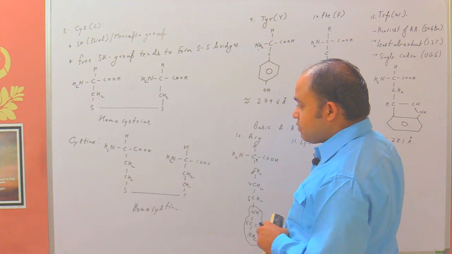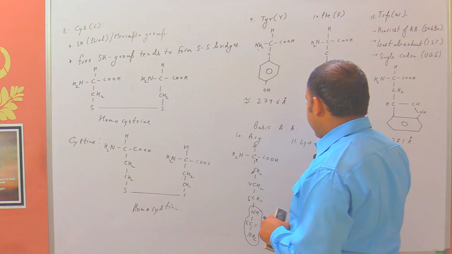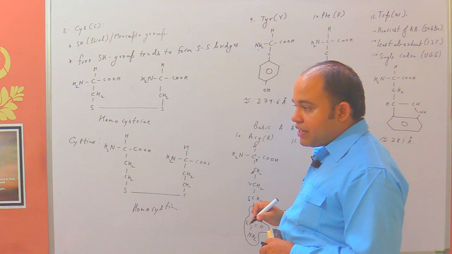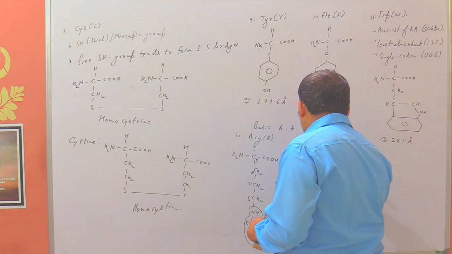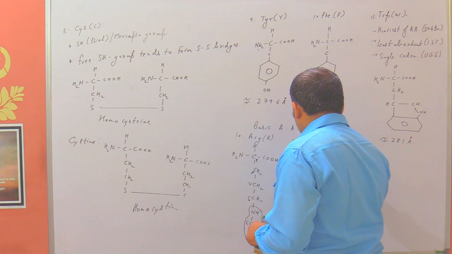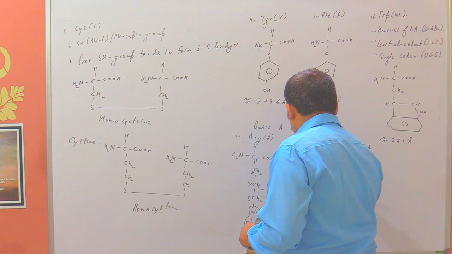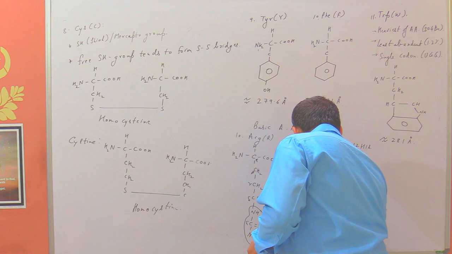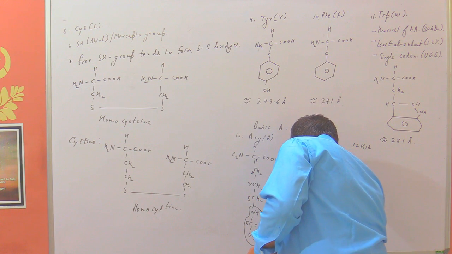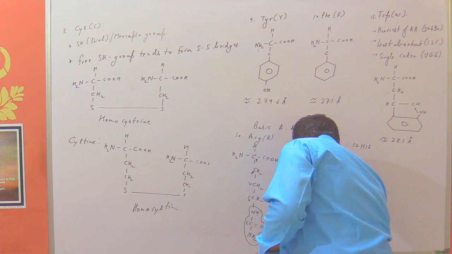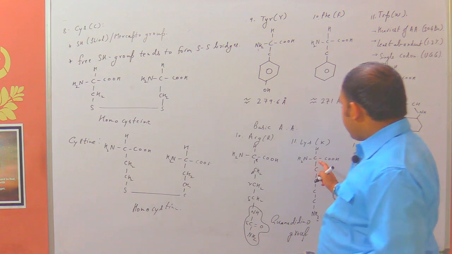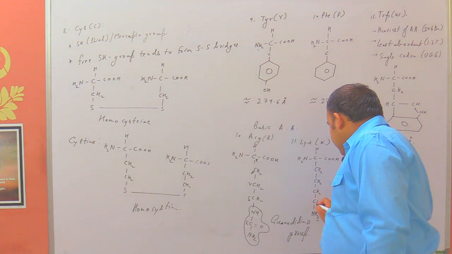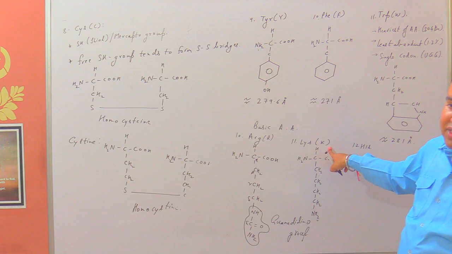Then there is lysine, represented by K. In the structure of lysine there is an epsilon amino group: COOH, H, NH2, alpha, beta, gamma, delta, epsilon, and the NH2 group, which could be written as NH3 positive or NH2. There are a large number of rotatable bonds; the largest number of rotatable bonds in an amino acid is in lysine.